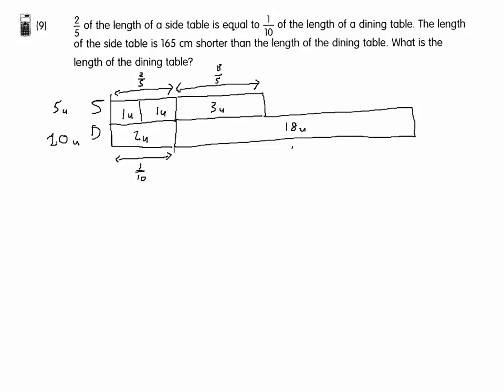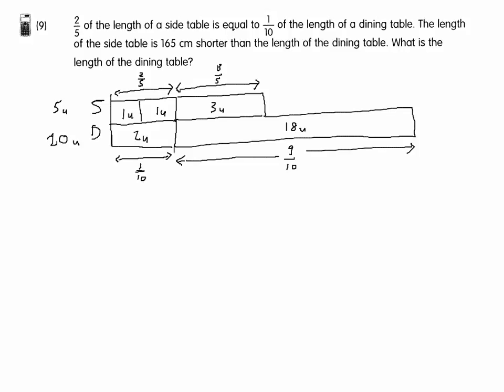So this is 9/10, and this is 18 units. Sometimes when the model gets too long, I do not subdivide it. It's going to be very time consuming. So we know that the length of the side table is 165 cm shorter than the length of the dining table. How much shorter is the side table compared to the dining table in terms of units?